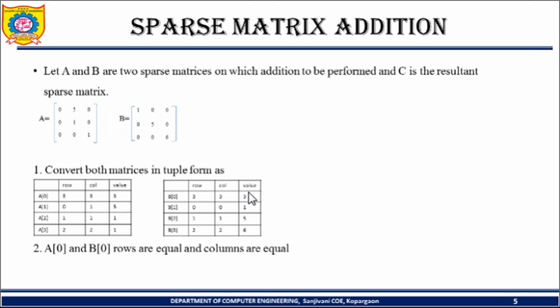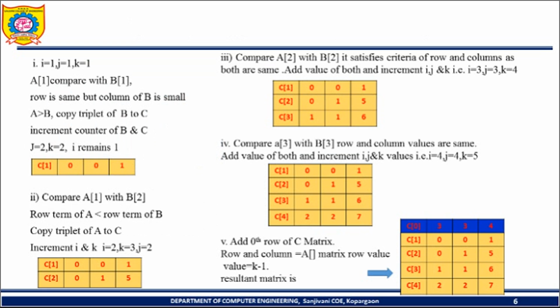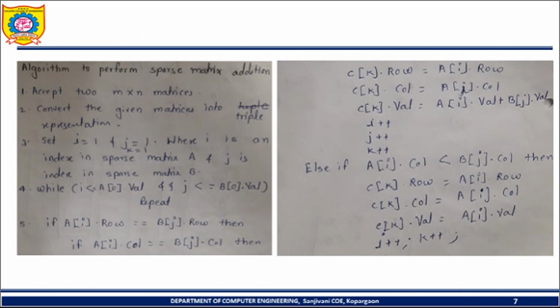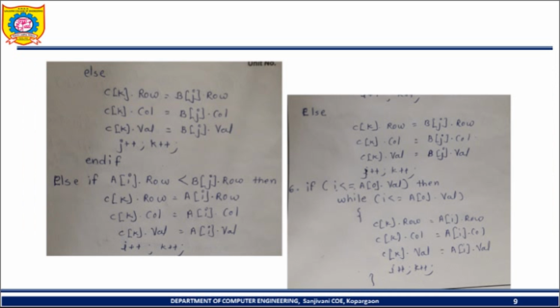In that situation the first condition in the while loop becomes false. Since we have taken AND, both conditions need to be true, but this condition is false, so it will exit from the while loop. But our B matrix is not completed.